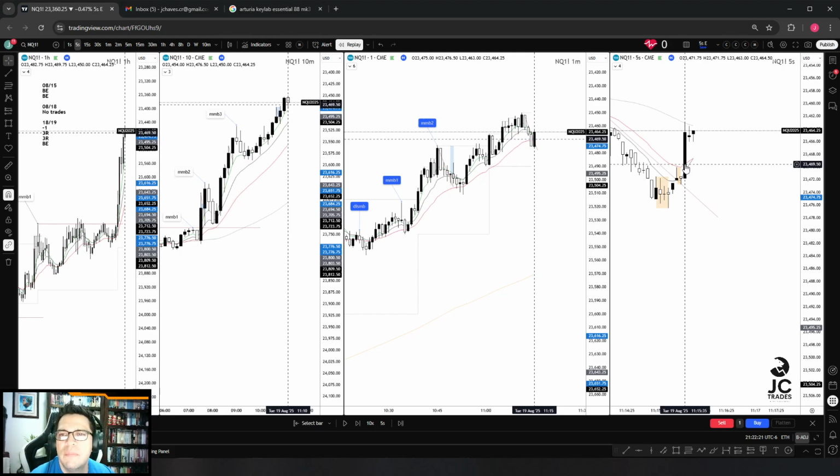Honestly, for me, probably this would not have been enough in terms of the location of the 20 EMA. I normally would wait for this to tap me in a little bit higher here above the EMAs.